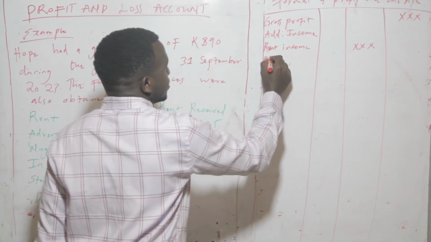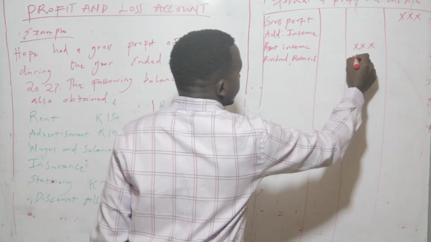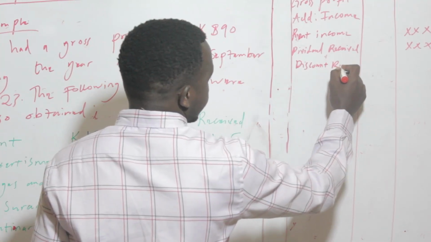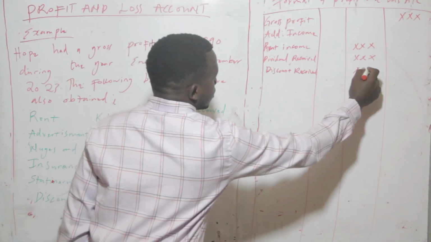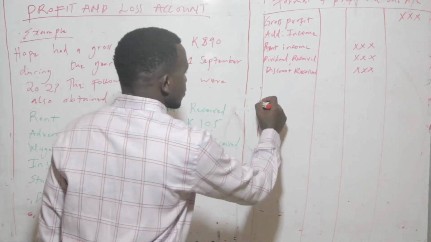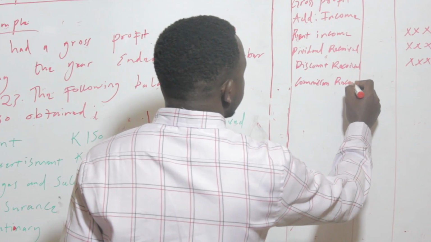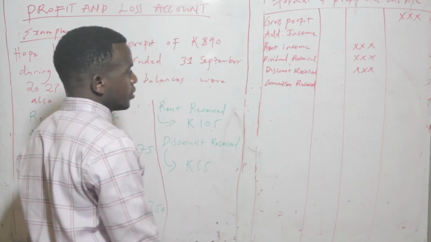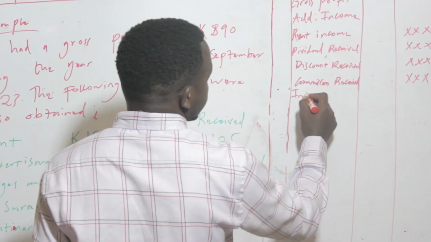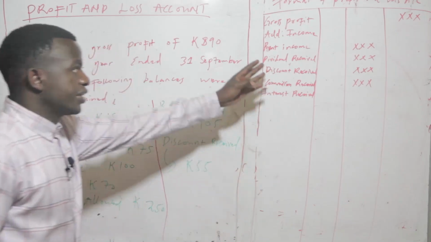Then we can have dividend received, then discount received, then we can also have commission received, and also interest received. So these are some of the examples of income.